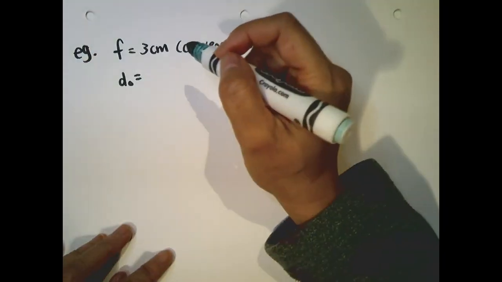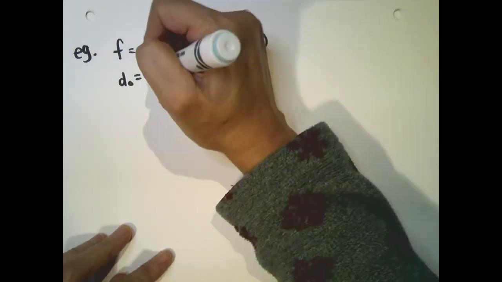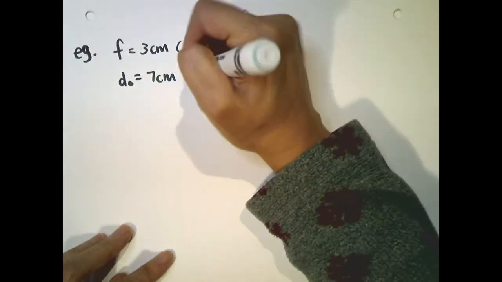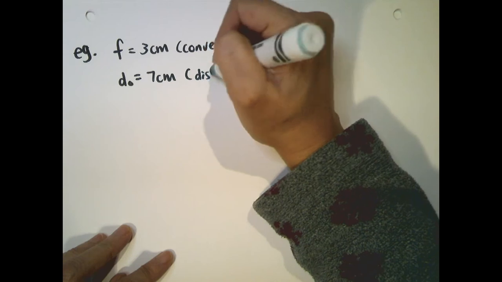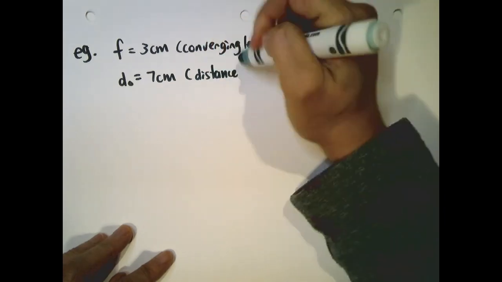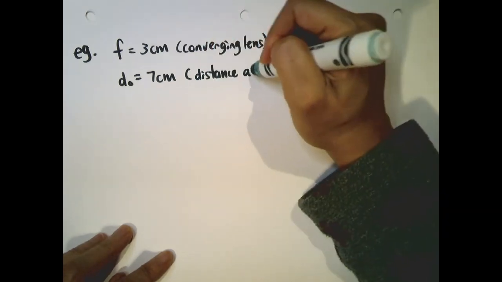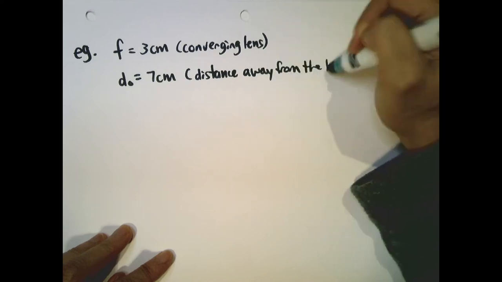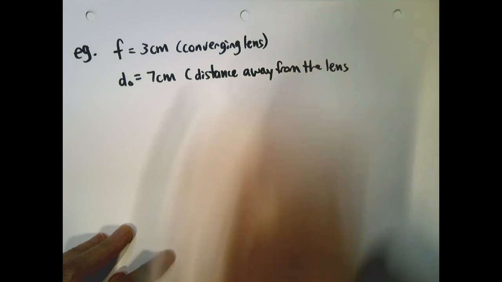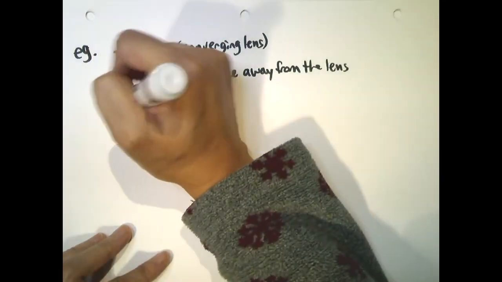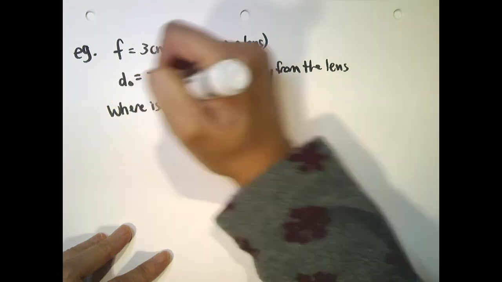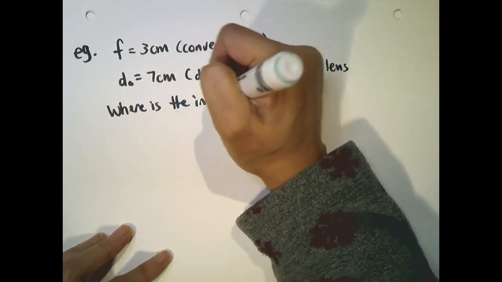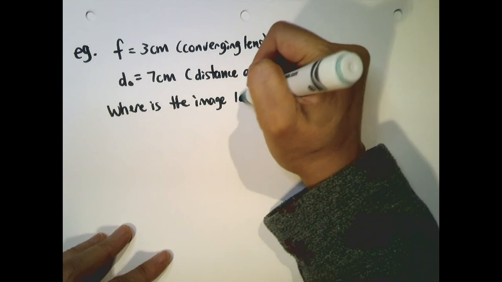And let's say the distance away from this lens is 7 centimeters. So this is the distance away from the lens. Let's find the image. Where is the image located?